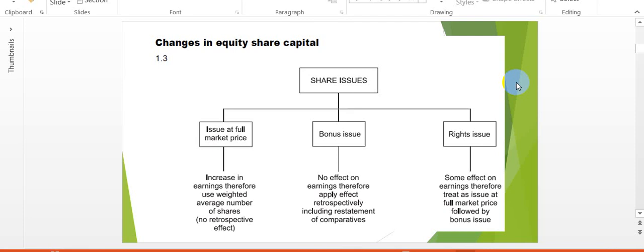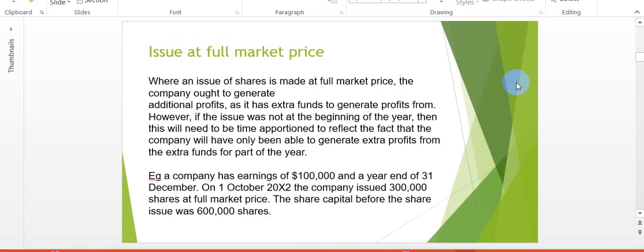When you get a question, you have to establish whether it is testing you on a full market issue or a bonus issue or a rights issue. So let's go into this now in detail. We'll start with the issue at full market price.